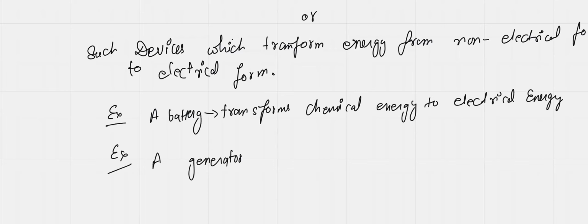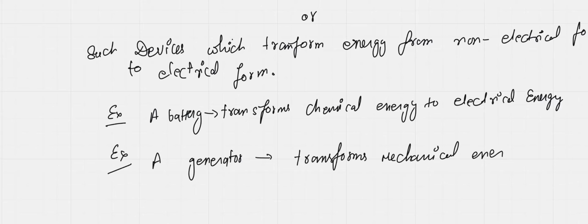What a generator does is it uses the chemical energy, okay, into mechanical and then to electrical. So you can simply say that a generator transforms mechanical energy to electrical energy. We will discuss some ways we can do this in the next one or two chapters, basically the magnetism part.